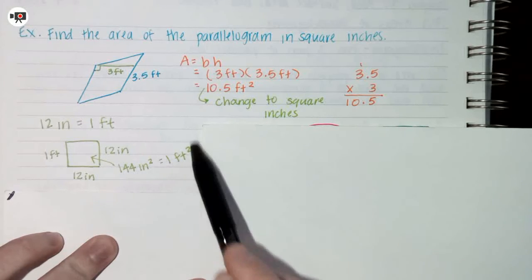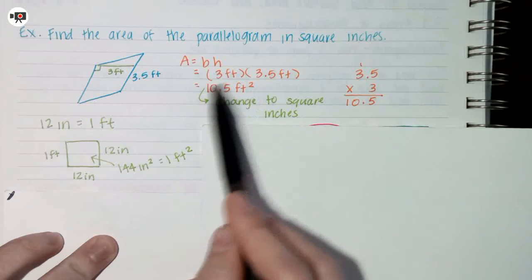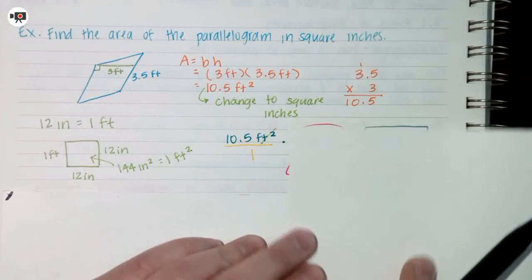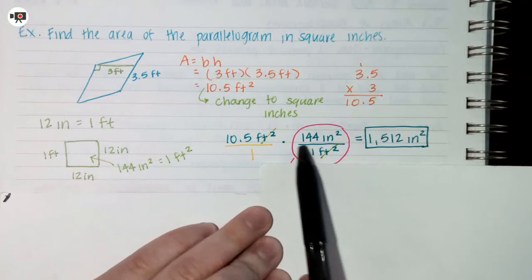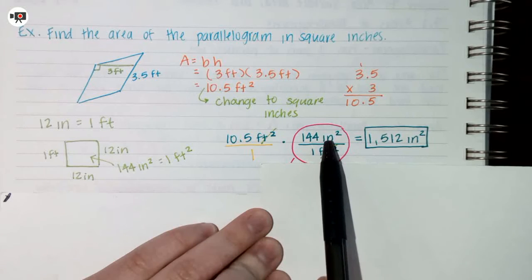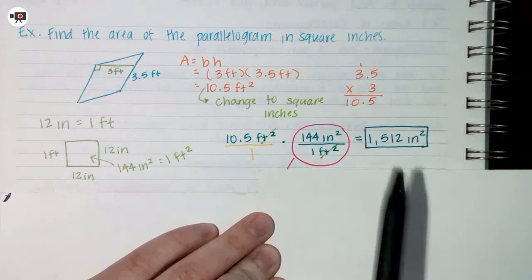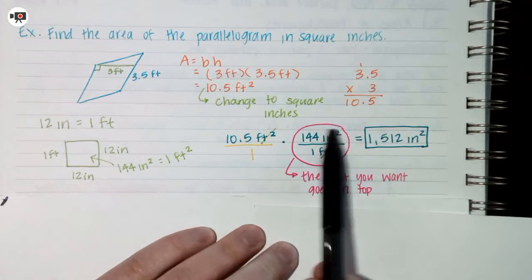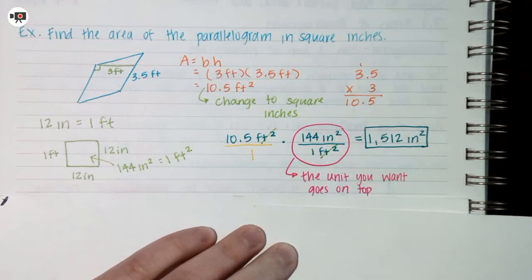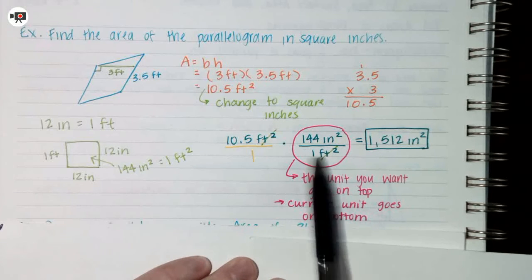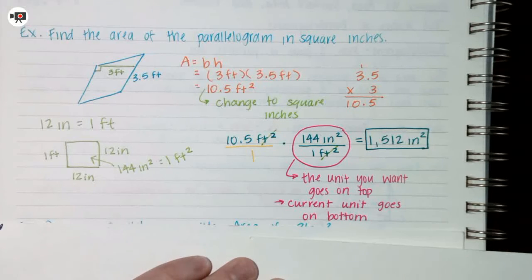So I'm going to use this information to convert my 10.5 feet squared into square inches. So I have 10.5 feet squared, and that's going to be multiplied by 144 inches squared over 1 foot squared. The unit I want needs to be on top. The unit I have, my current unit, goes in the denominator on the bottom.